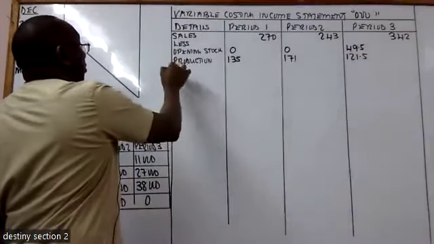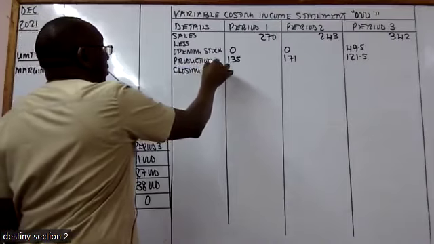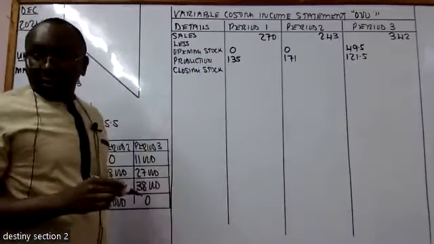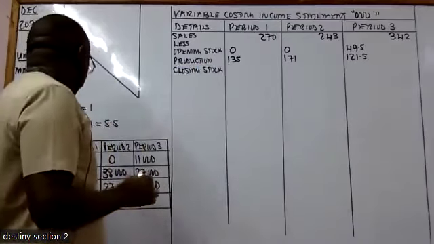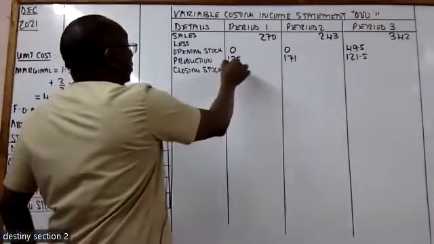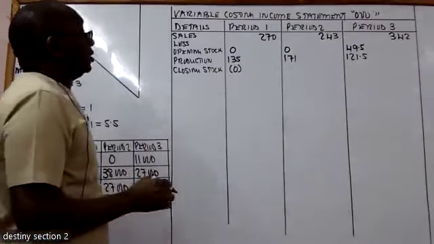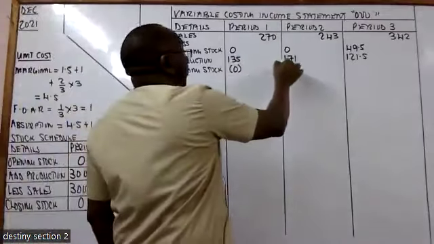Haya, twende kwa closing stock. Closing stock in the first period is 0. In the second period, ndio ile iko na 49.5.